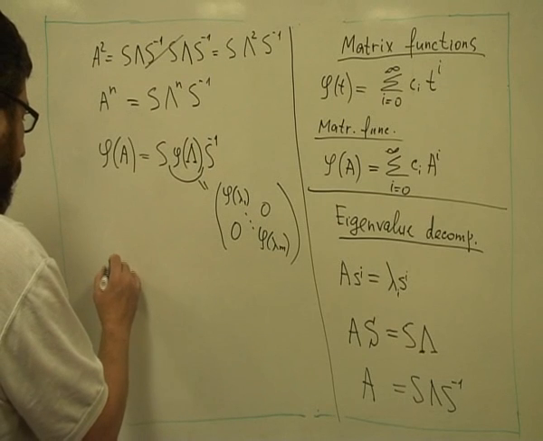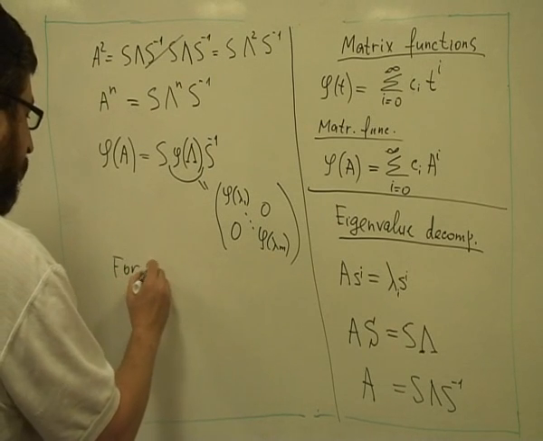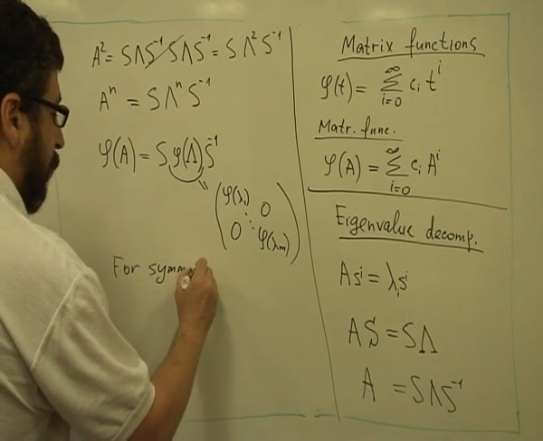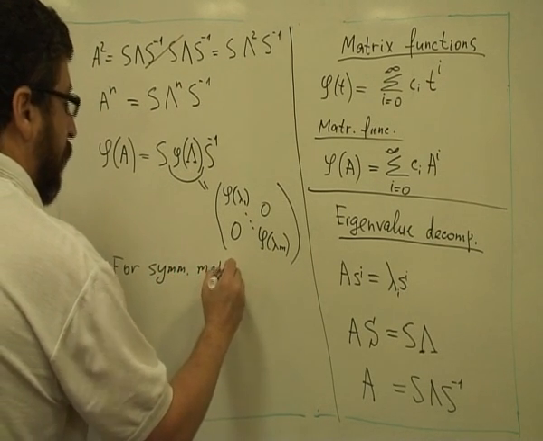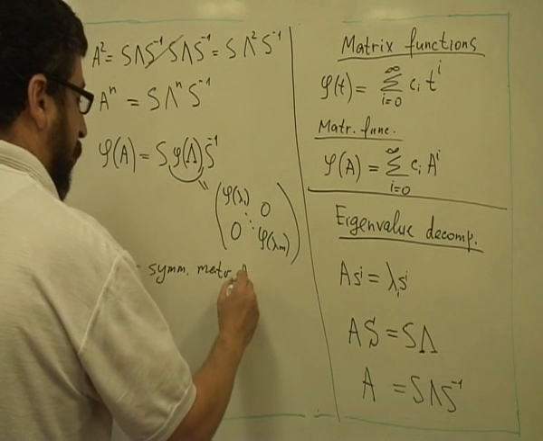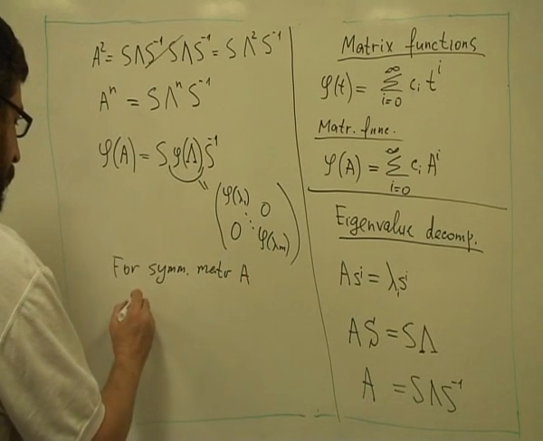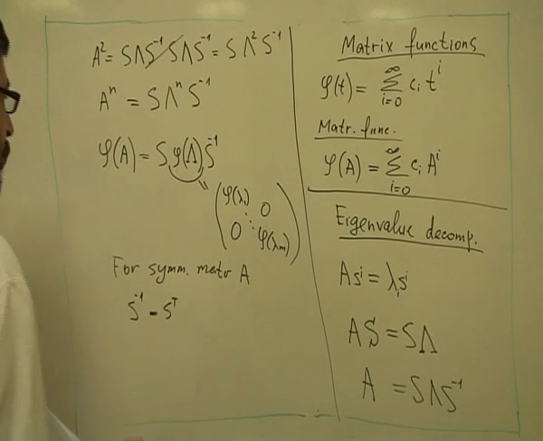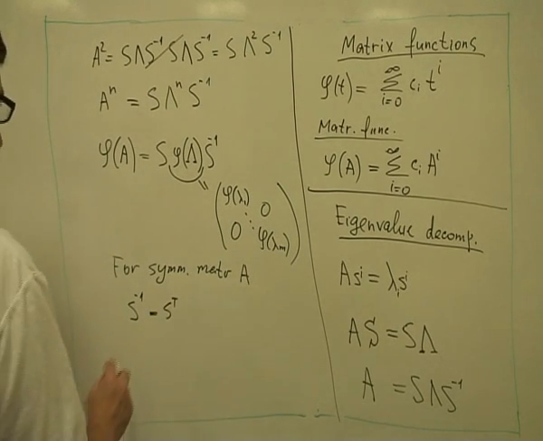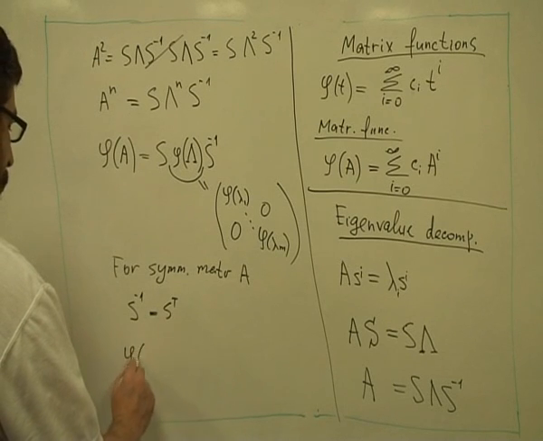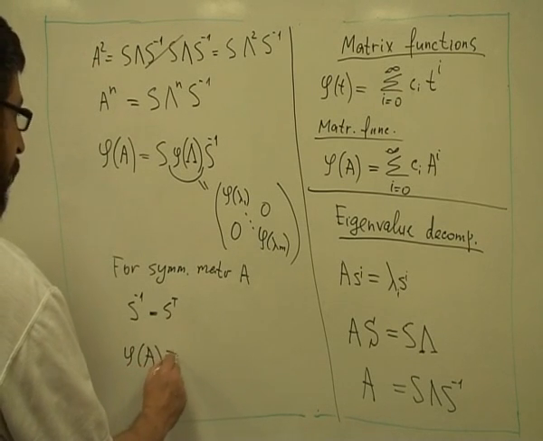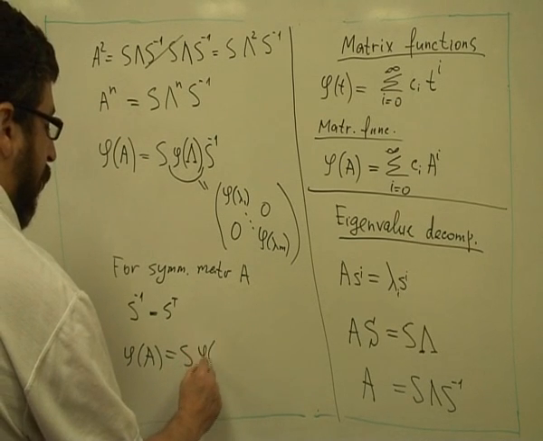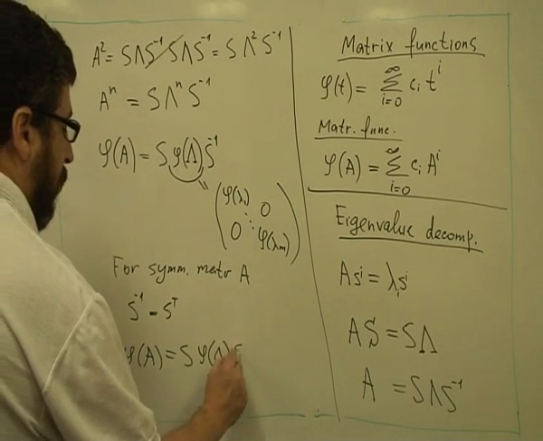So for symmetric matrix A, S inverse is equal to S transpose, and of course phi of A will be just S phi of lambda S transpose.